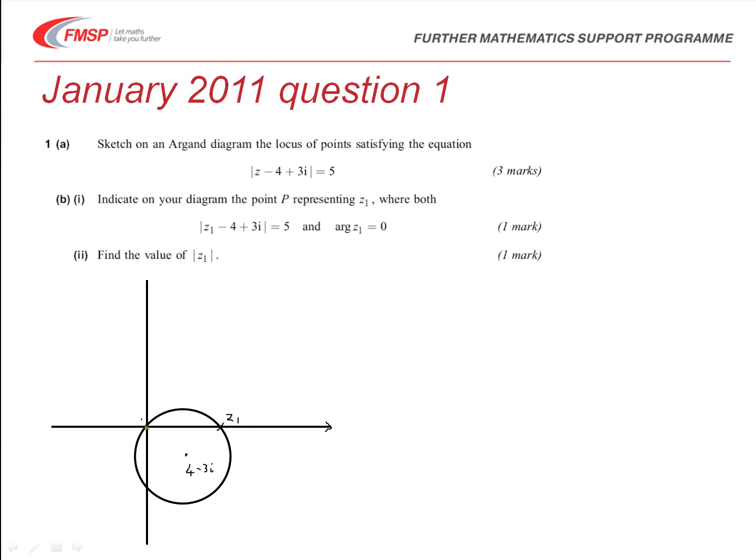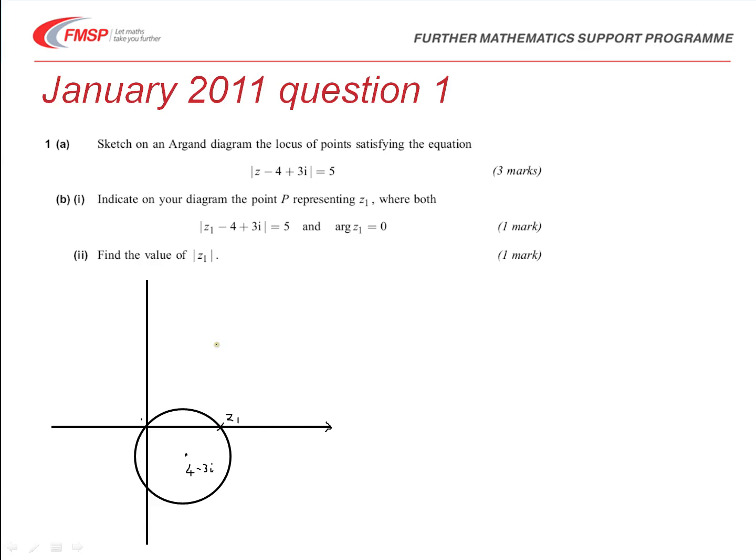Though the origin lies on that line, remember the origin will not have an argument because it is not defined at that point. Remember the argument is tan to the minus 1 of the imaginary over the real, and if the real value is 0 you're dividing by 0, therefore it's not defined at that particular point. So z1 is the only point we've got.